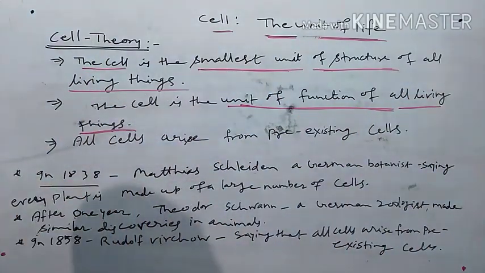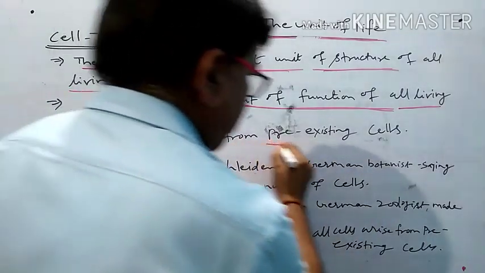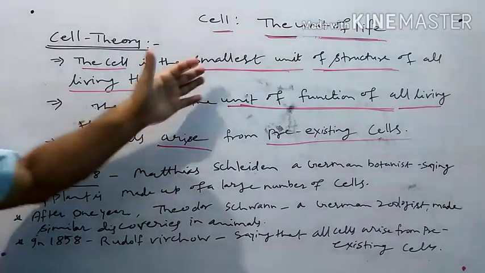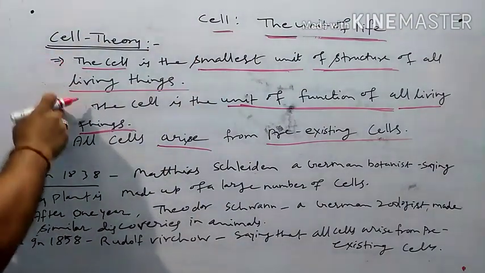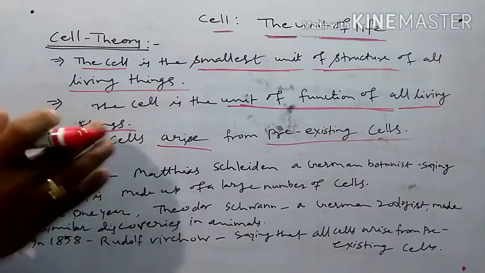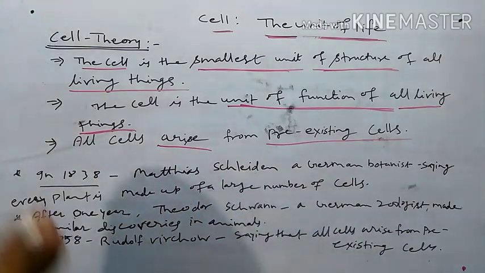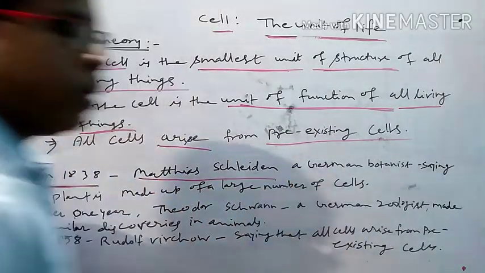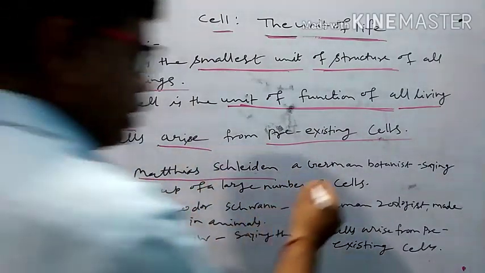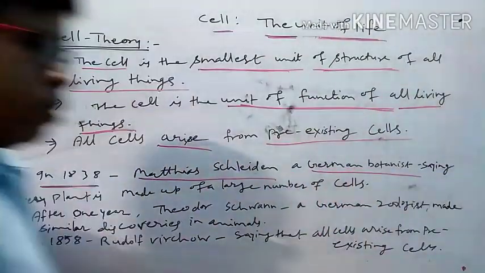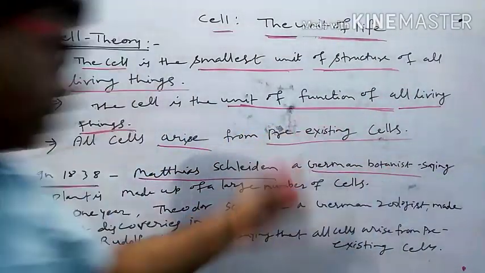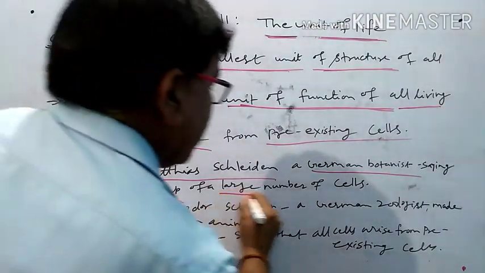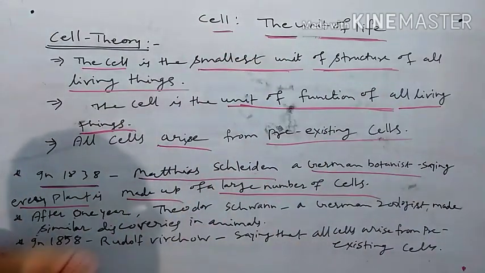And third, all cells arise from pre-existing cells. These three points were proposed by three different scientists. In 1838, Matthias Schleiden, a German botanist, said that every plant is made up of a large number of cells.